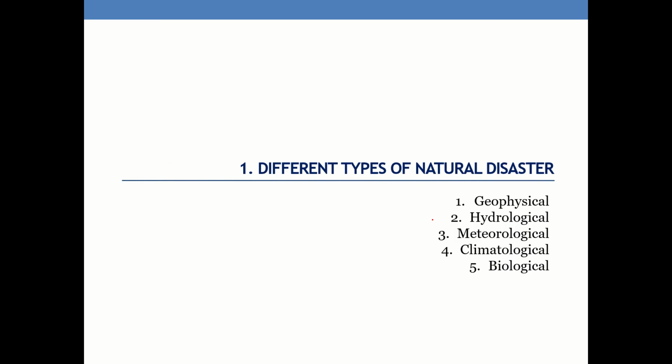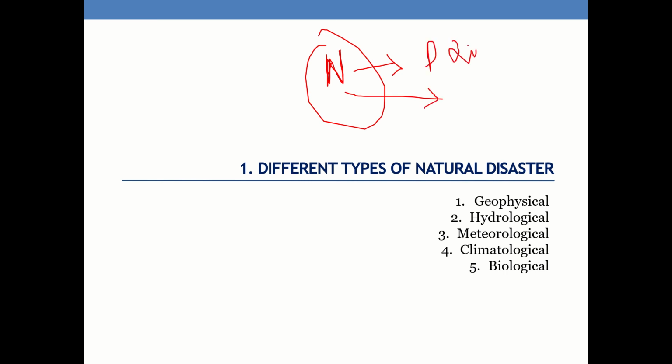So how do we classify natural disaster? Theoretically, and also from the National Disaster Management Act 2005, which I just mentioned earlier, it classifies natural disaster that occurs in the Indian subcontinent, or in general, in 5 ways: geophysical, hydrological, meteorological, climatological, and biological disasters.